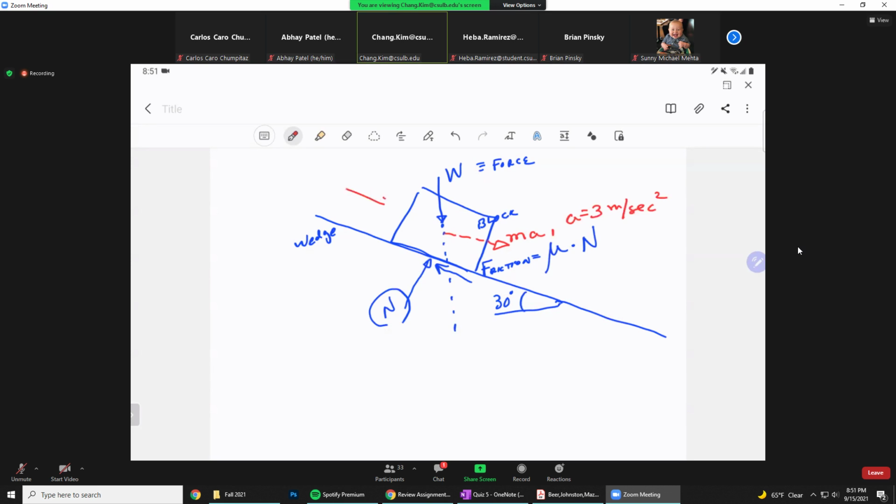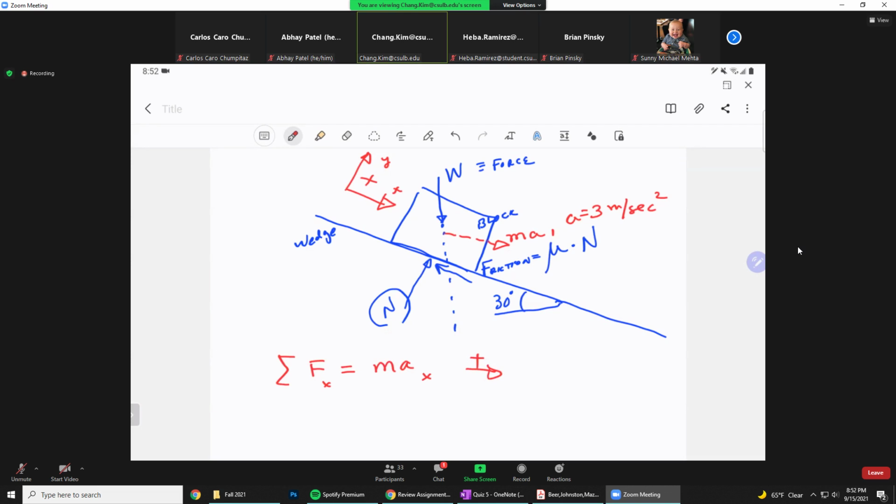So I'm going to put the X and Y as the positive directions. So the force is equal to MA along the X direction, and downward is positive.